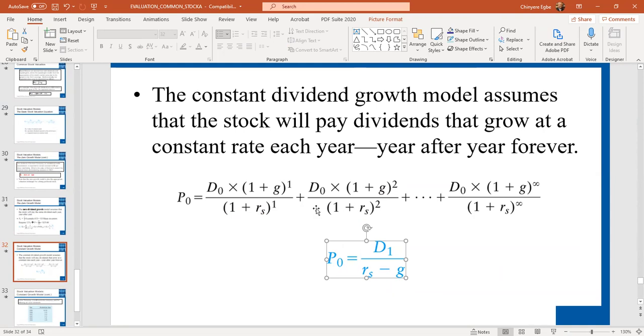It is the current dividend times 1 plus G, divided by 1 over RS to the power 1 and to the power 2, forever. If you solve it mathematically, it will give you the price that you see here below. So I'm going to write that new price down.